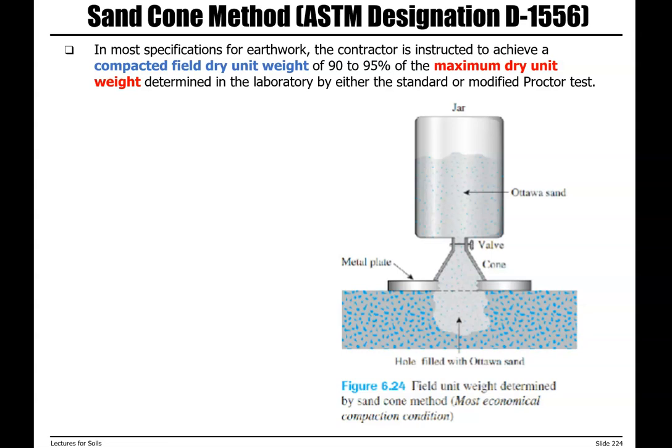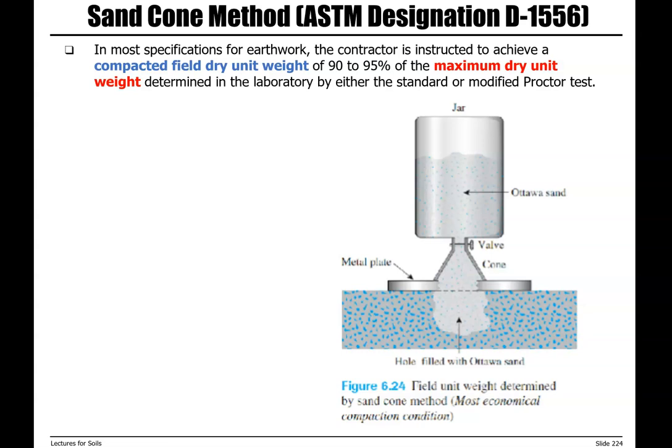So we do the lab tests, come up with the maximum dry unit weight, and then in the contract, usually the contractor is required to achieve 90 to 95% of that maximum dry unit weight. But how can we confirm that that level of compaction is achieved?